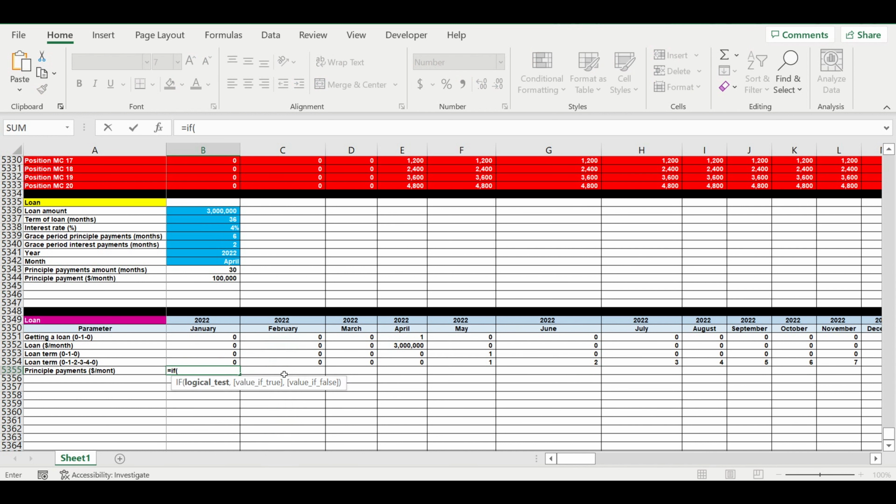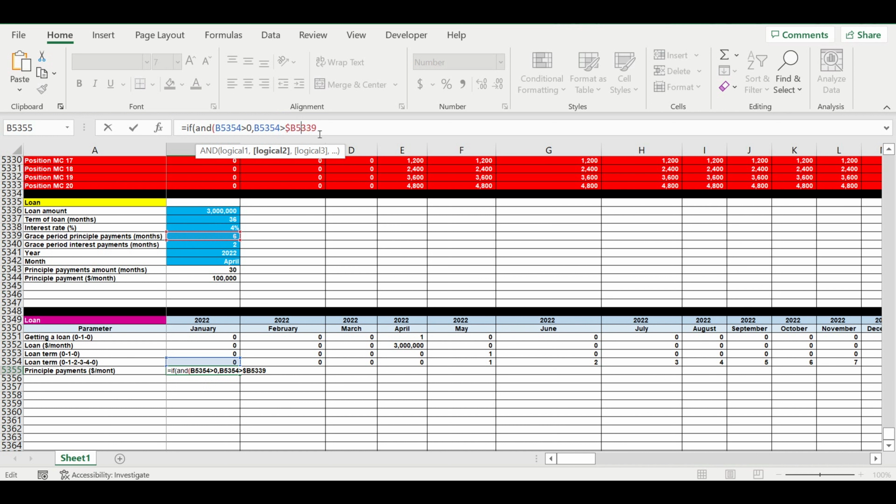If this value is more than 0 and this value is more than this value, so the grace period is over.